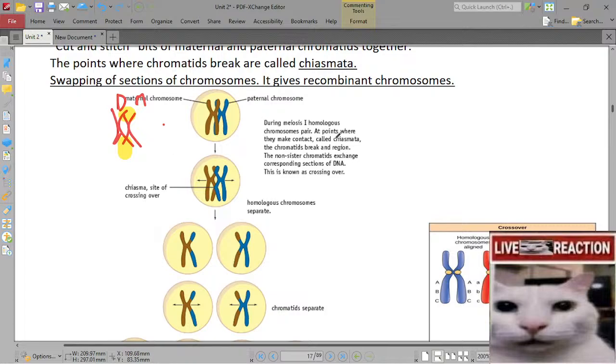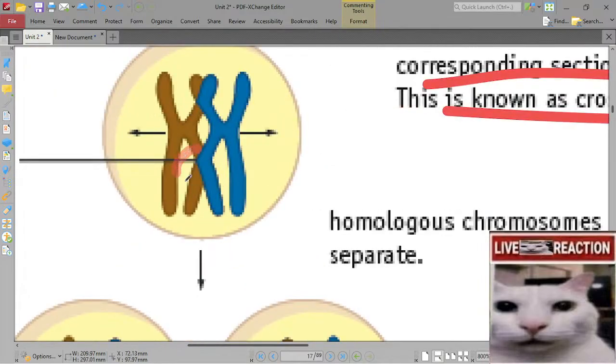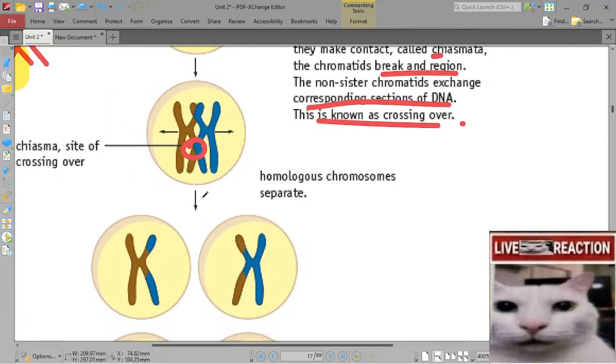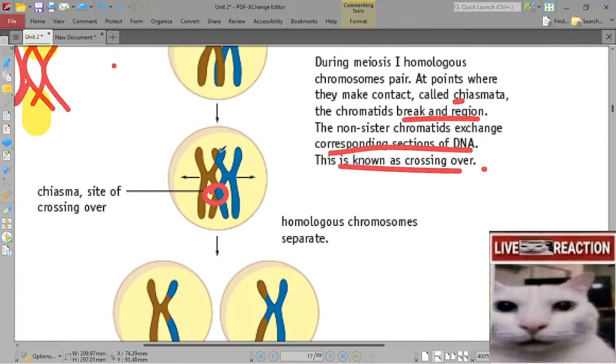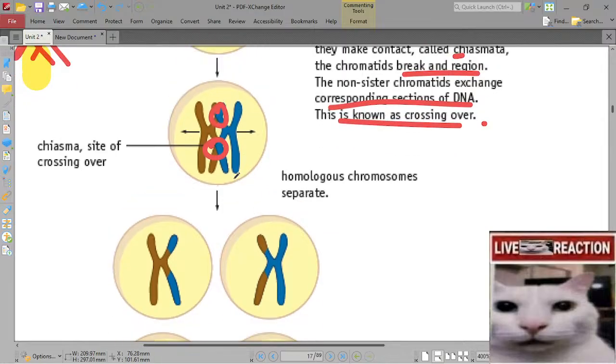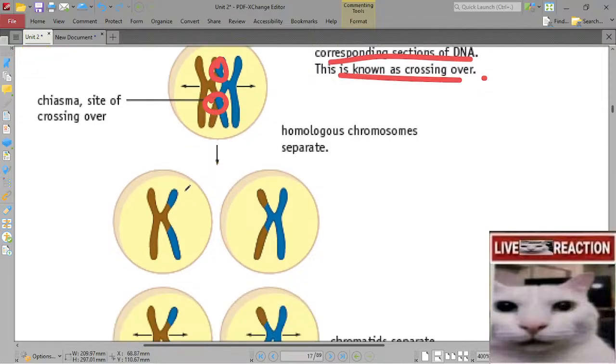So at these points where they make contact, the chromatids will break and rejoin, and the non-sister chromatids will exchange the corresponding sections of DNA, known as crossing over. So if they touch right here and here, then they will swap the genes over there. This section of DNA came from the dad, this section of DNA came from the mom.